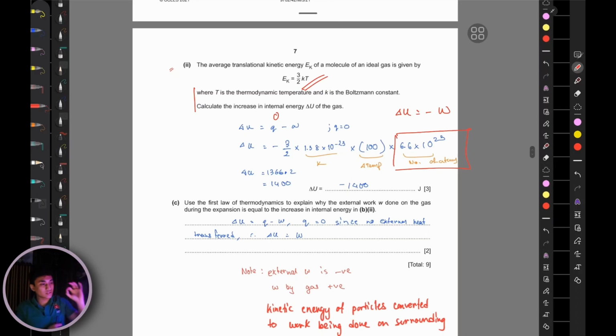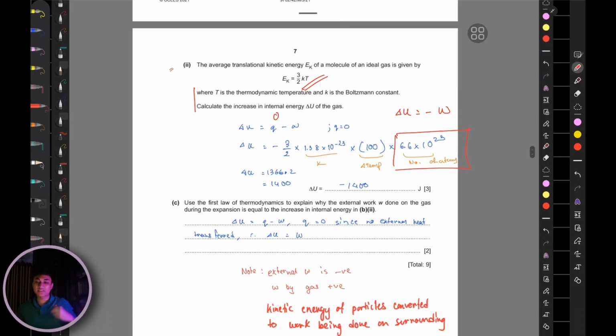So if internal energy is changing, that means kinetic energy of the ideal gas is changing. And you can also say, since the temperature is changing, kinetic energy is changing, or the other way around. Since kinetic energy is changing, your temperature is going to change. Because what do you know about temperature? Temperature is the measure of kinetic energy of the system, nothing else, right?